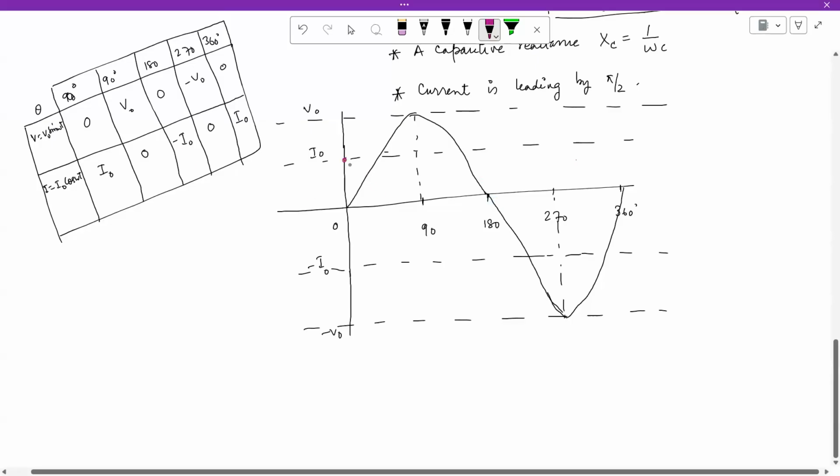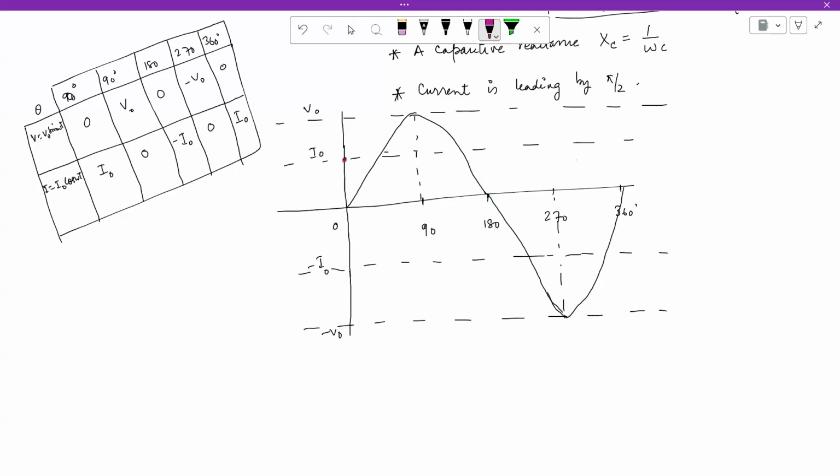And then at 90, it goes to 0, and then at 180, it goes to minus I naught, and then at 270, again 0, and then at 360, it goes to I naught.